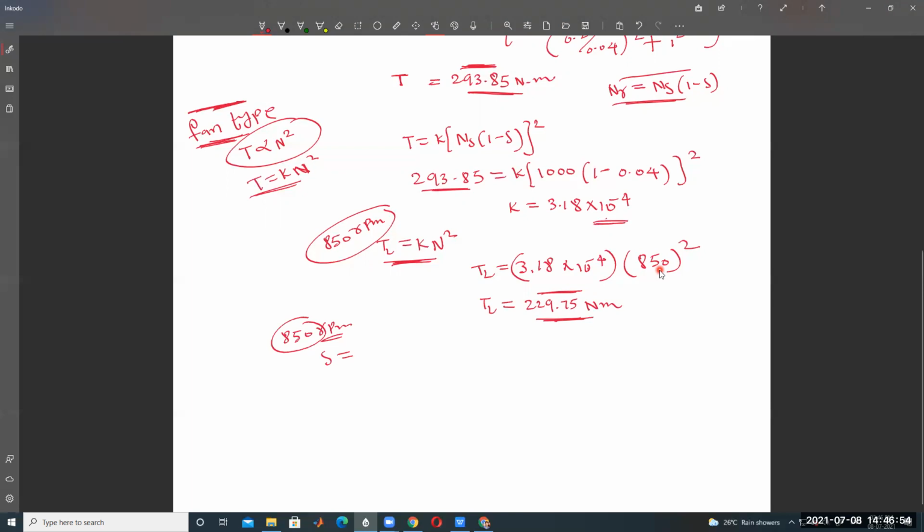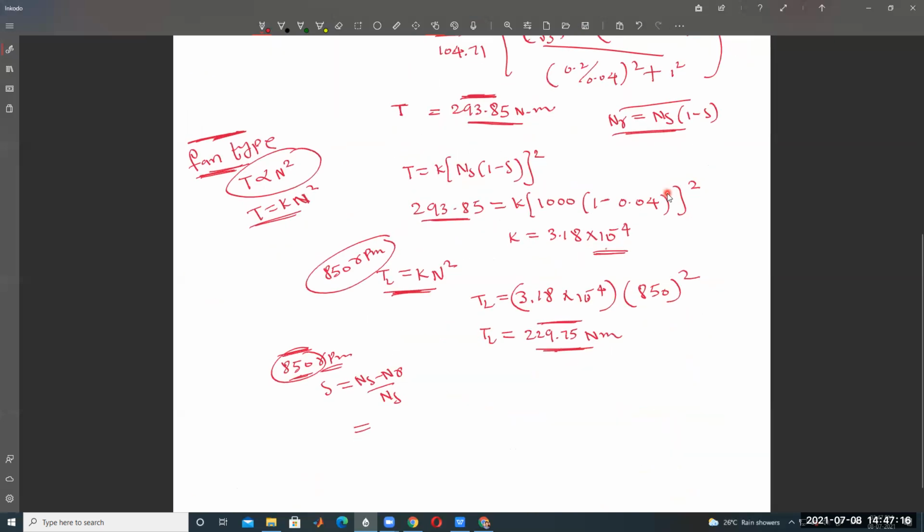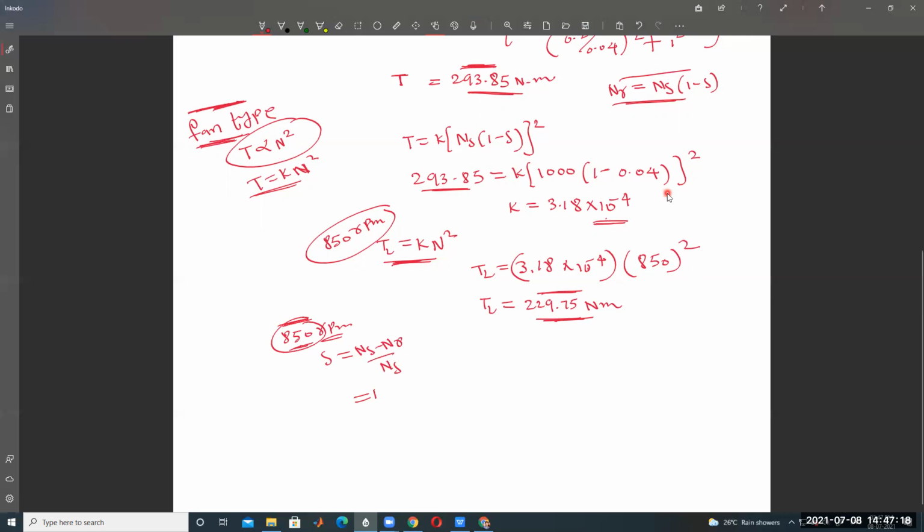262, tell me at 850 RPM, what is the slip? Slip is equal to (N_S minus N_R) by N_S. Am I right or not? What is N_S here? The synchronous speed is 1000 RPM. Substitute here: 1000 minus 850 by 1000.